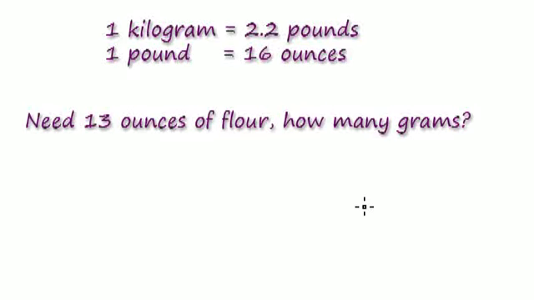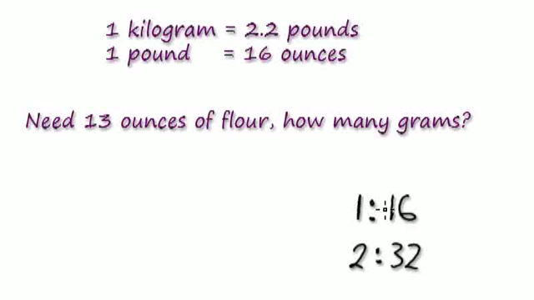So let's say we start with 1 pound, and this is 16 ounces. Now you could argue that if 1 pound equals 16 ounces, then 2 pounds would be 32 ounces. Or you could go the other way.